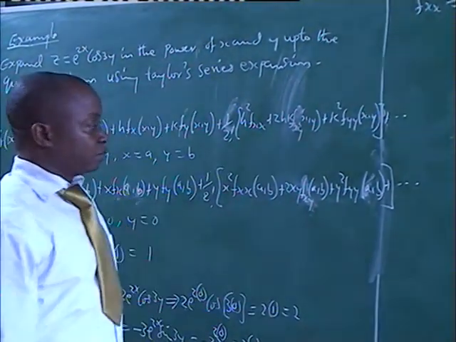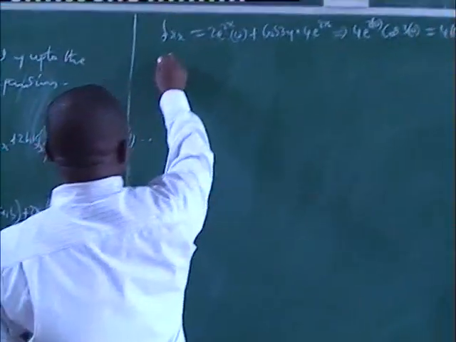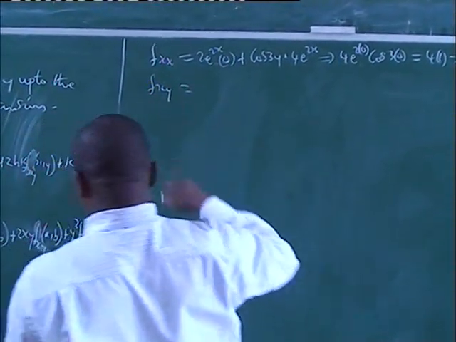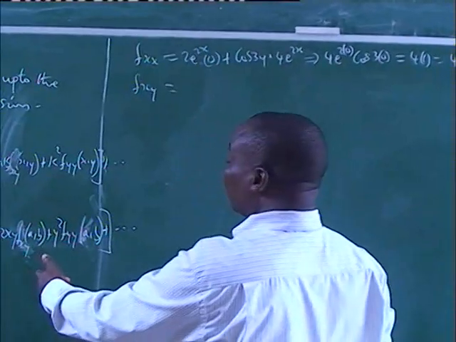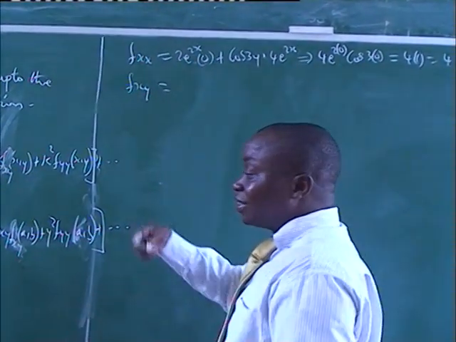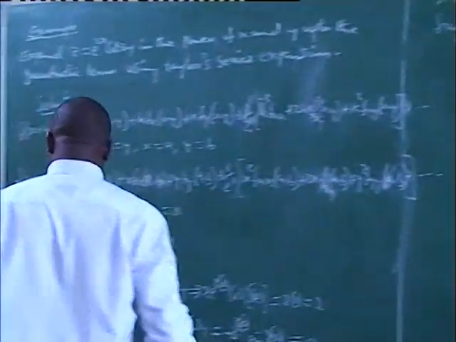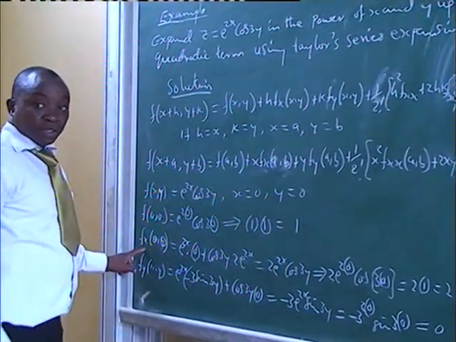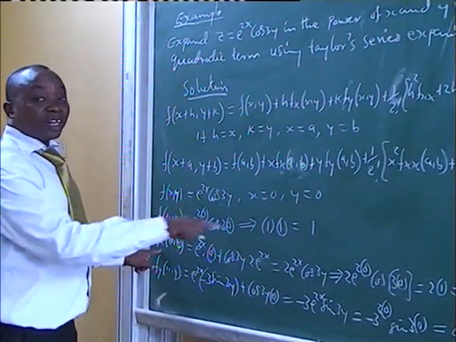The cross partial means that we take the partial derivative of f with respect to x, and this time I'm going to differentiate it with respect to y.